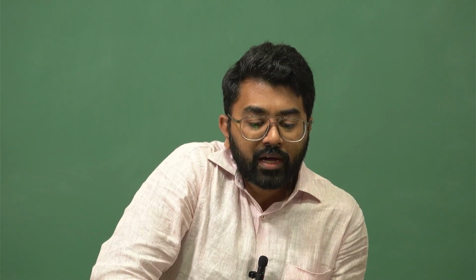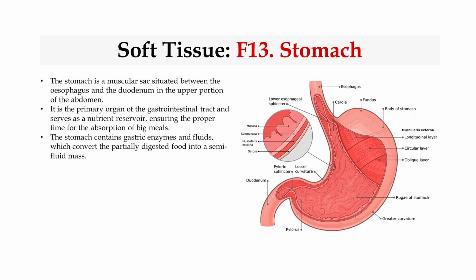This is followed by cardia, which is one of the key soft tissues out there, and there is a fundus of the stomach, like I had mentioned. Then you have the body of the stomach, and then you have muscularis externa. These are some of the key muscles which are responsible for different functions. They have several different layers, such as mentioned here in the figure: longitudinal layer, the circular layer, and the oblique layer.